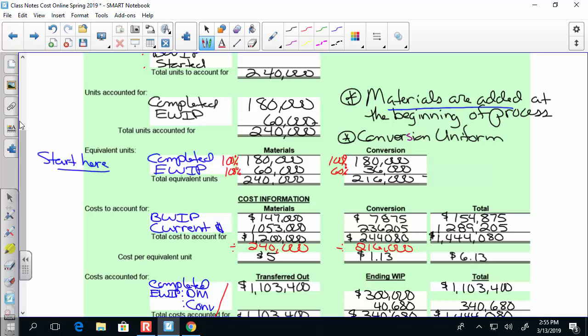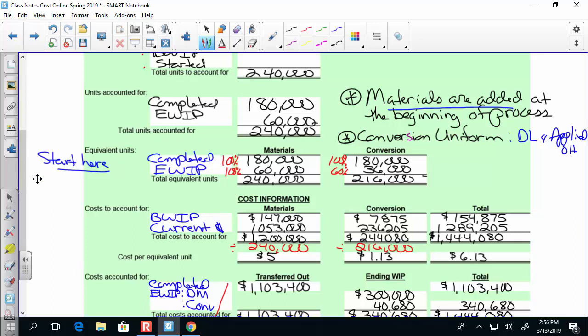It tells you whether the inputs are uniform or whether, in this case, materials are added at a different sequence than the conversion. Remember, conversion is the sum of labor and overhead. And we're going to use applied overhead. This is more or less an estimate of overhead based on an applied rate.